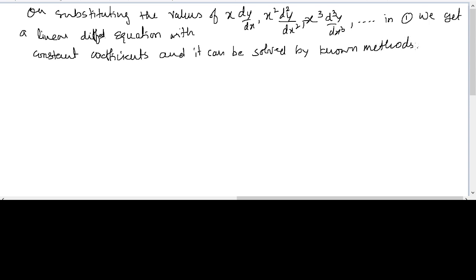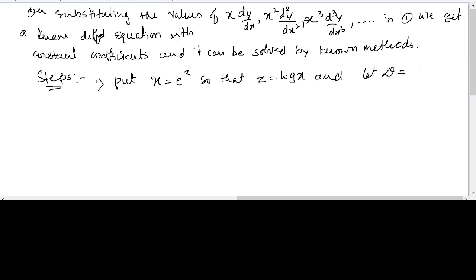Let us write in short the steps for solving this kind of equation. Through these steps you can remember the method easily. Whenever this kind of equation is given, we put x is equal to e power z, so that z is equal to log x, and let D be written for d by dz.